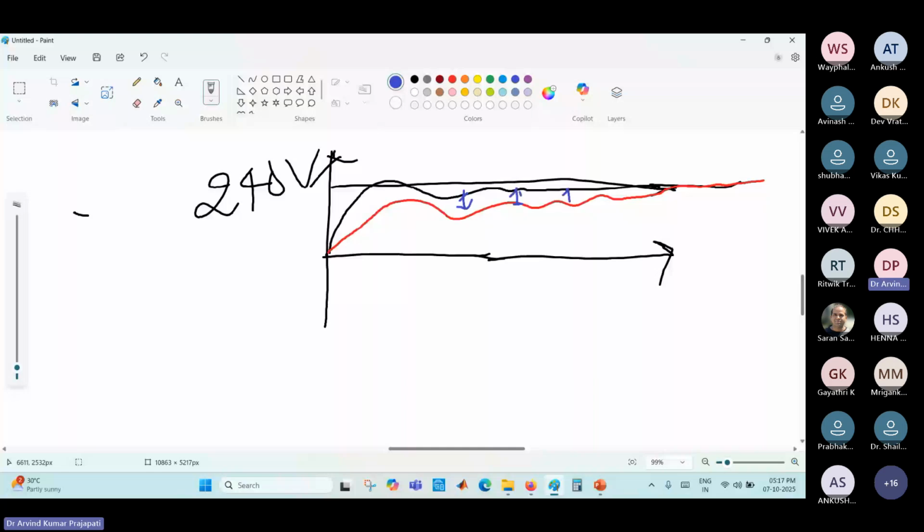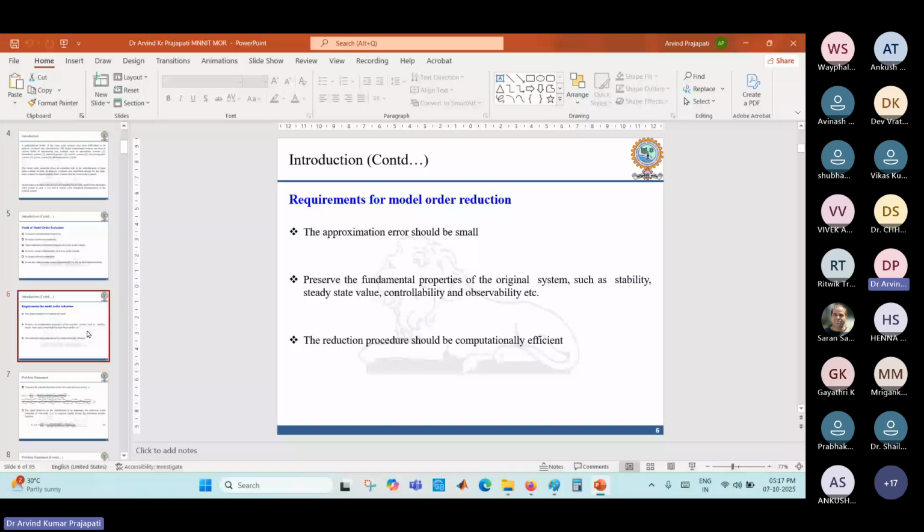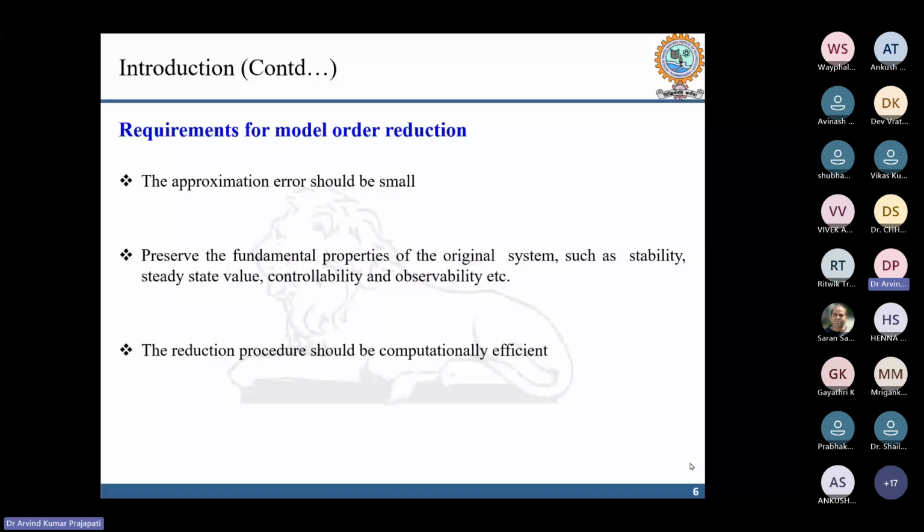These errors should be limited; the error should not be very high. If it is very high, then that method is not good, and we will not use it in model order reduction. How to calculate the error using Matlab, I will tell later.